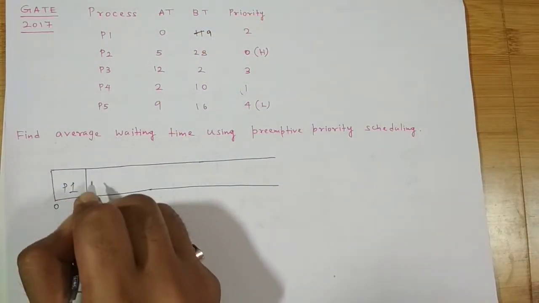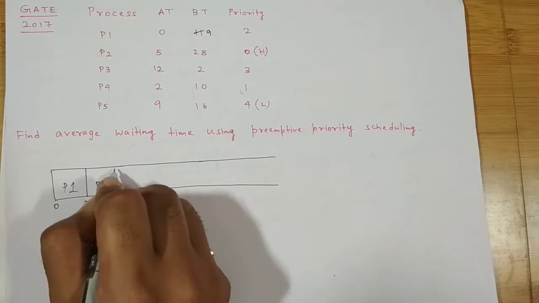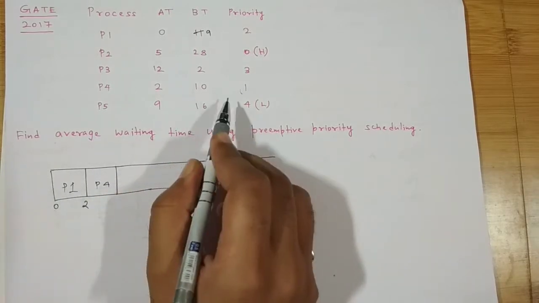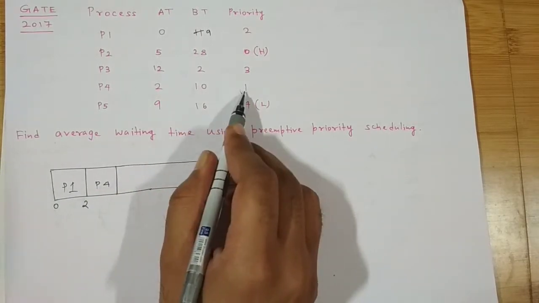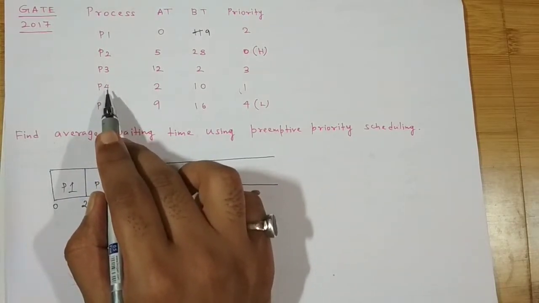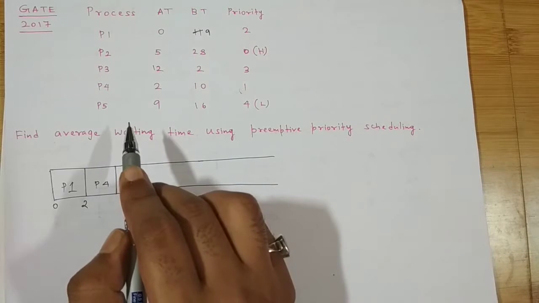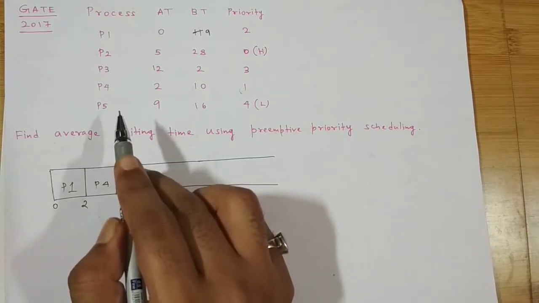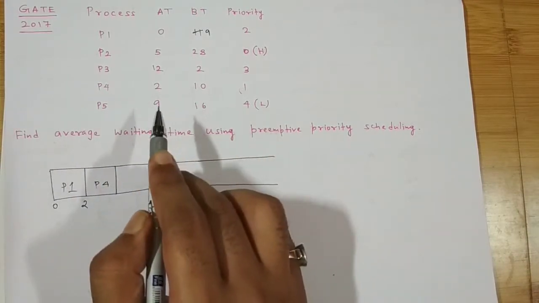Now P4 gets hold of the CPU. Now P4 is not the process with the highest priority, mind you. It has a priority of 1. For how long will P4 execute? P4 will execute till the time a higher priority process is available in the system or P4 has finished its burst time completely.